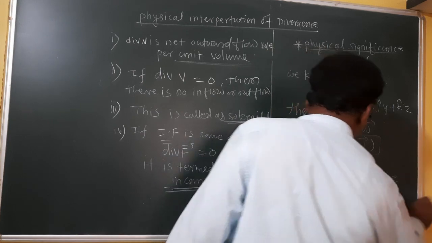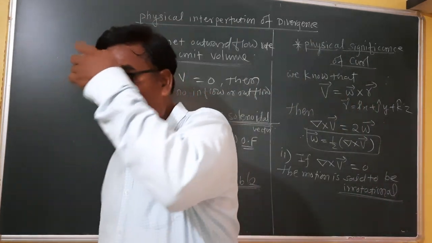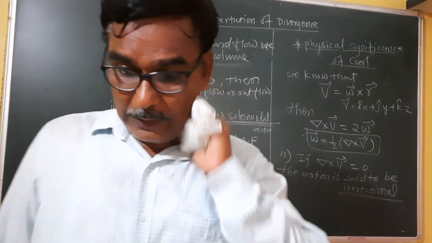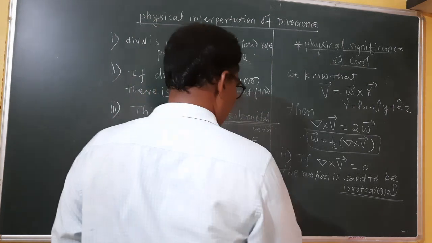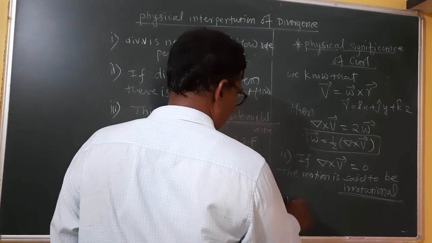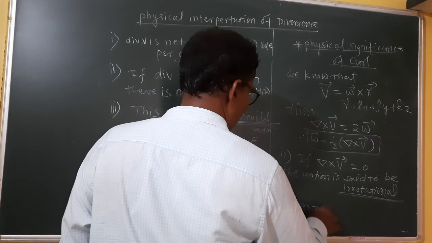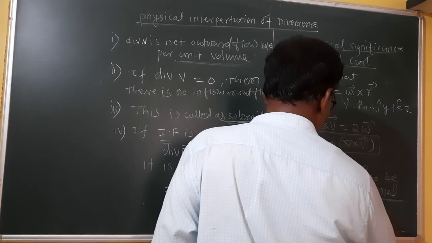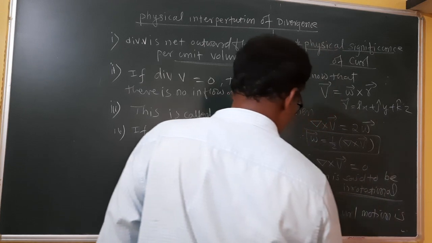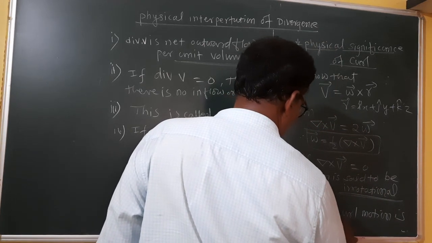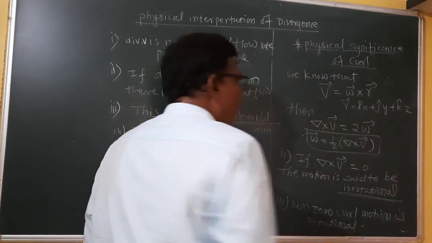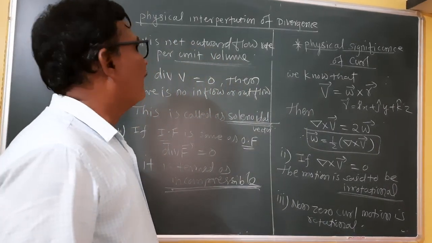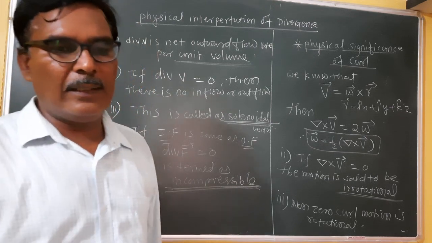Non-zero curl motion is rotational. This is the physical interpretation of curl and divergence we have to consider here right now.